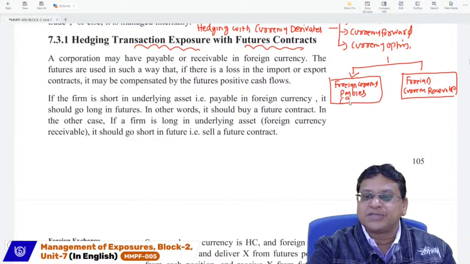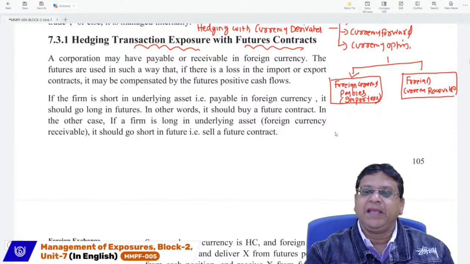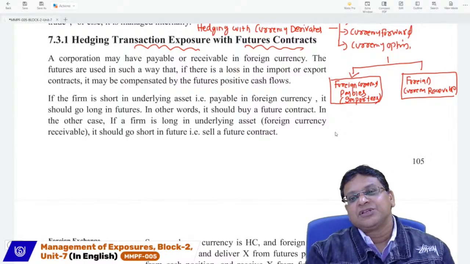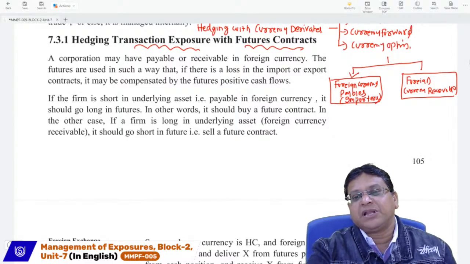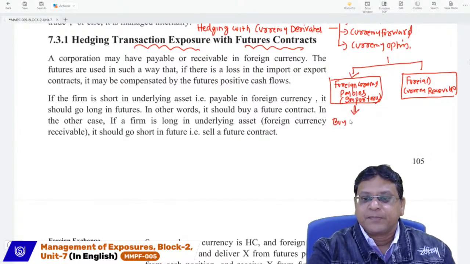Normally, the importers have to pay their bill in foreign currency. So importers will pay in future in foreign currency. So they have to buy foreign currency in future.